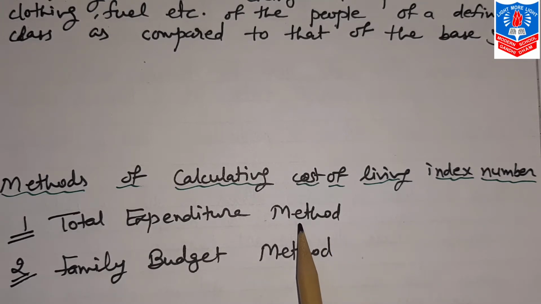Because total expenditure method calculations are less, so you prefer total expenditure method. Sometimes in 5 marks both methods are asked, sometimes any one method will be mentioned which you have to use in that sum, 3 marks. So let us start with the sum based on this cost of living index number by these two methods.